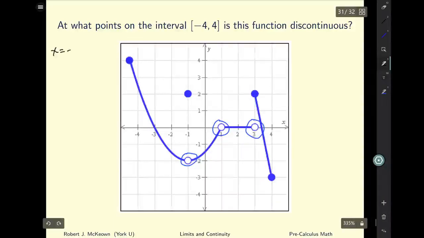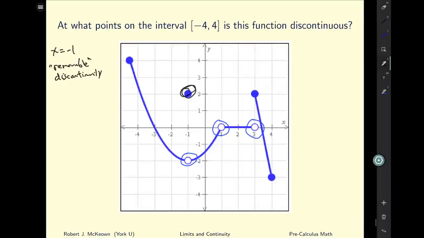When x is equal to -1, we have a removable discontinuity. So the function jumps up to y equals 2.